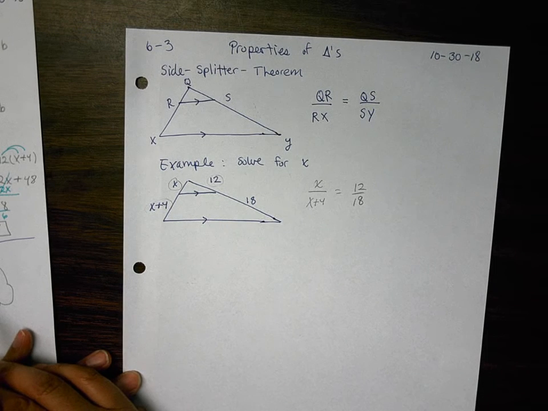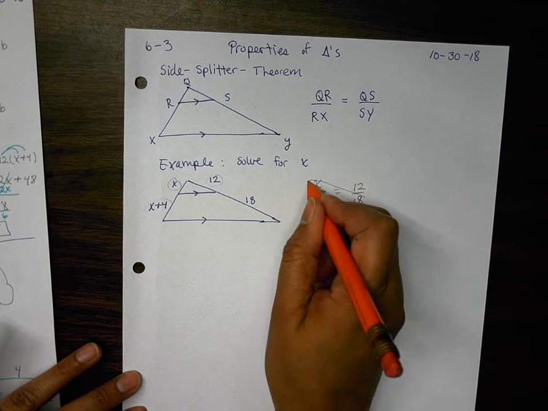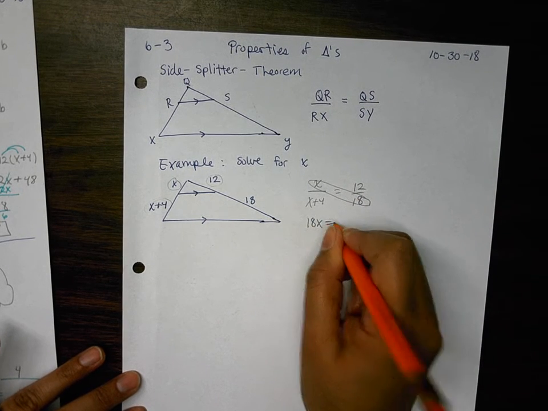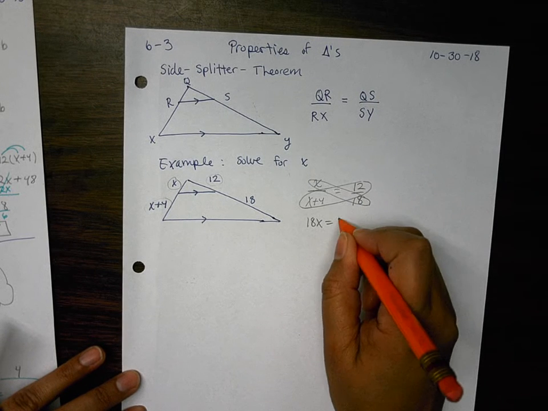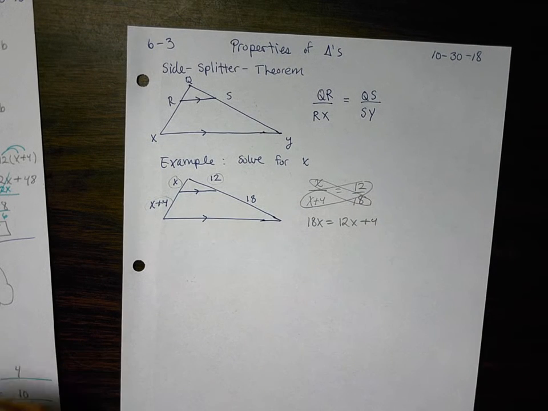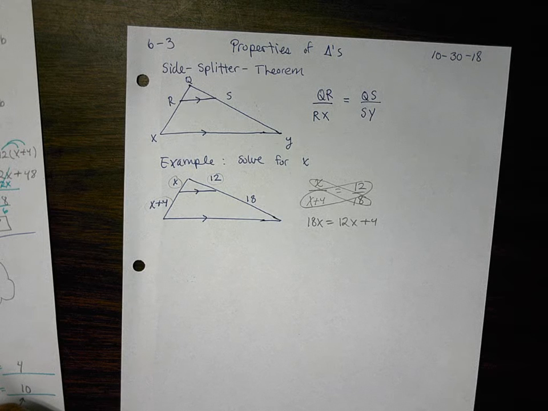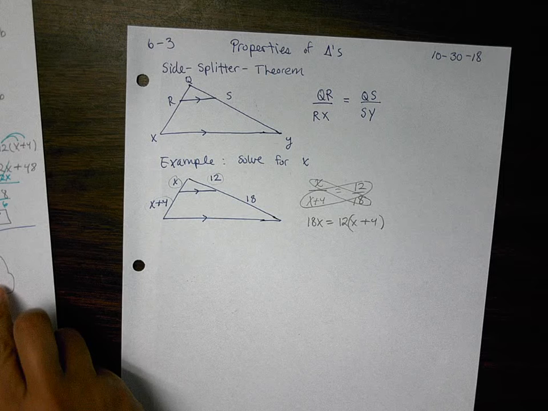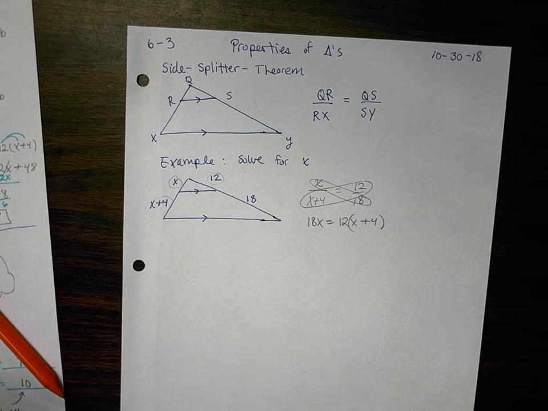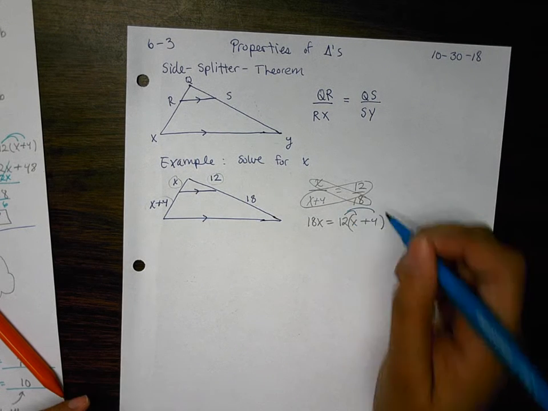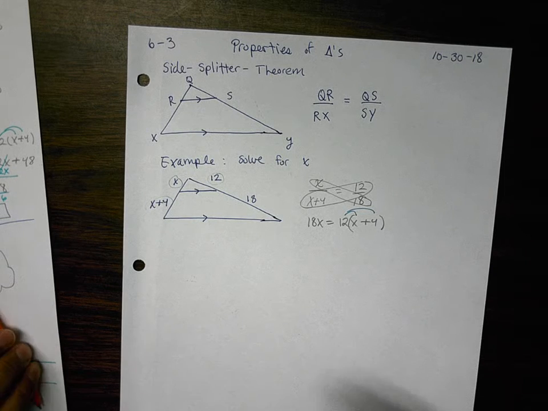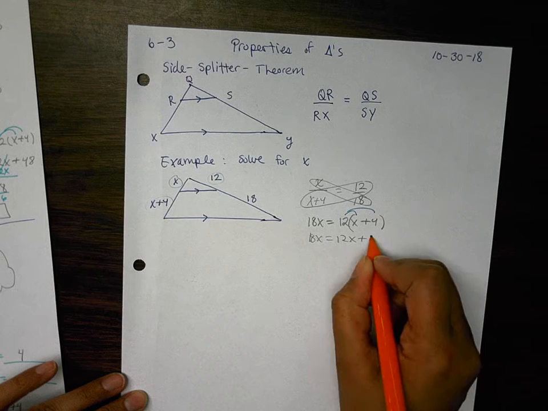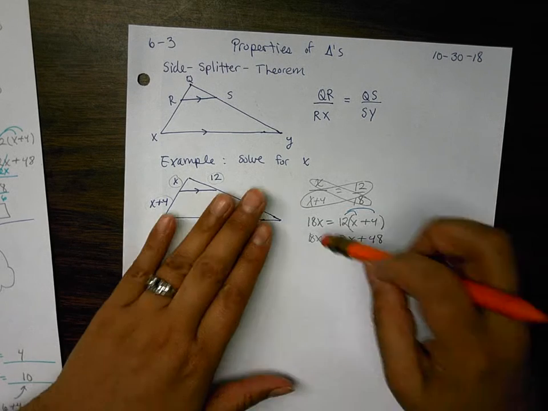Do you guys see how that works? Let's cross multiply. What's 18 times X? 18X equals, did I write this properly? 12 times X plus 4. There's a math word I'm looking for. What do I have to do here? Distribute. It's 12 times all of X plus 4. And you do have to distribute. 48. Okay, so 18X equals 12X plus 48. All right, go ahead and solve that.